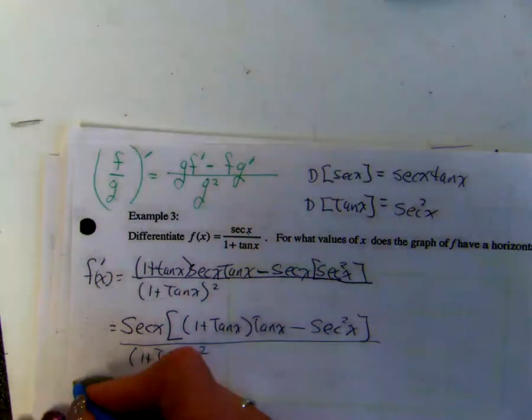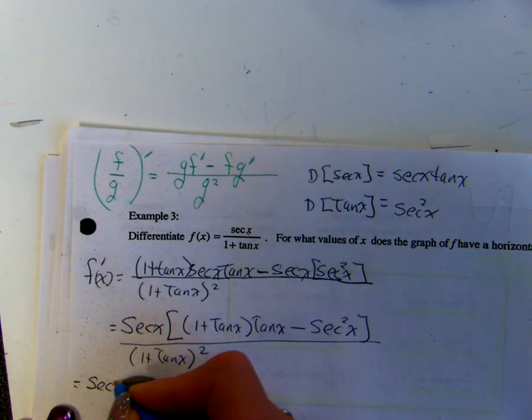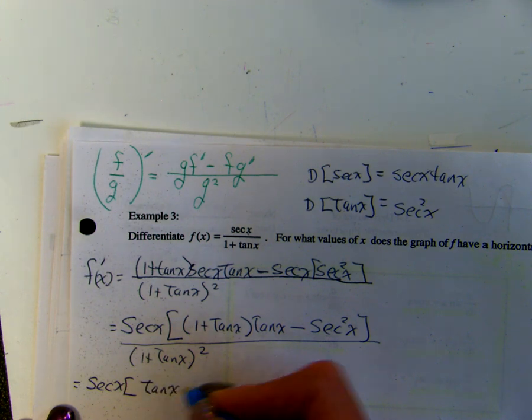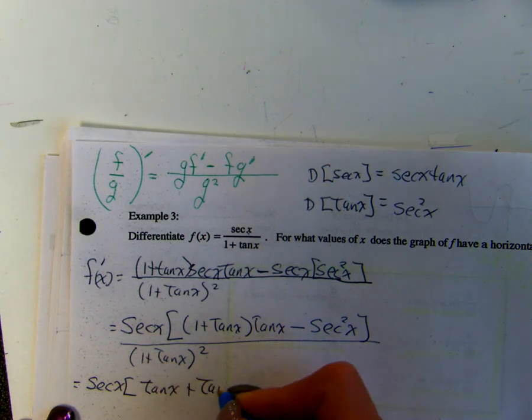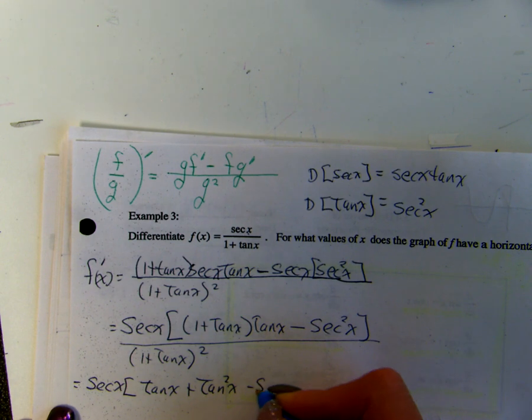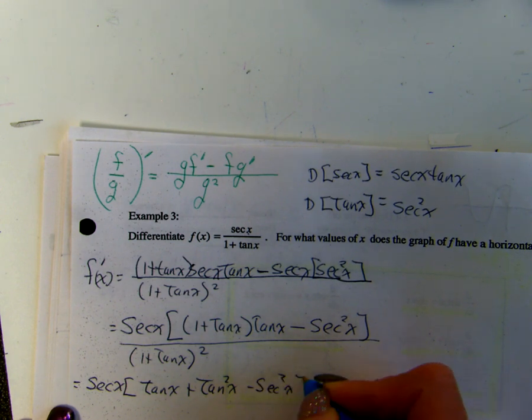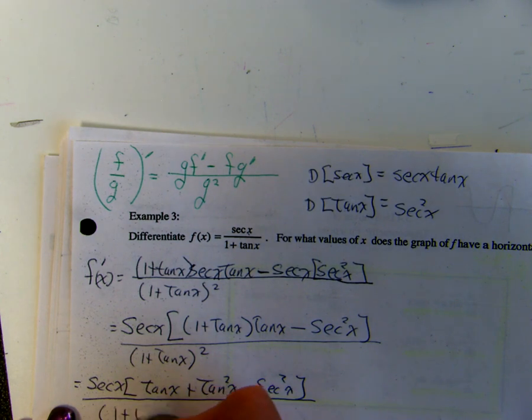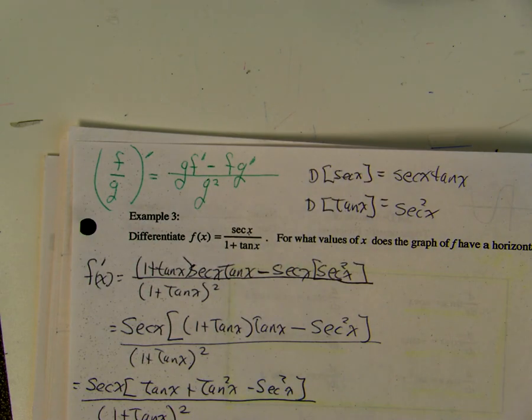Okay. So I've got secant x bracket tan x plus tan squared x minus secant squared x all over bracket 1 plus tan x all squared. Do you see any Pythagorean identities?